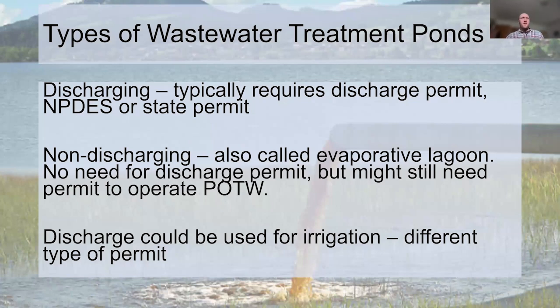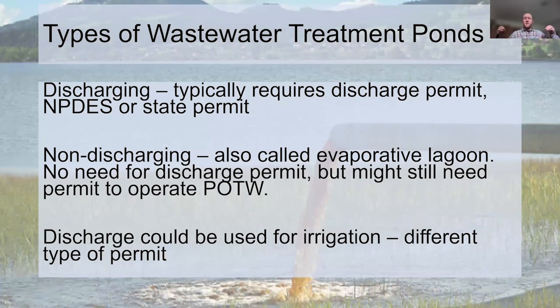Okay, so just talking about the different types of wastewater treatment ponds. The first categorization is whether they discharge or not. Depending on where you are, you're going to have different types of these categories. Discharging means there's water flowing in from your community into that lagoon, and then it's flowing out.